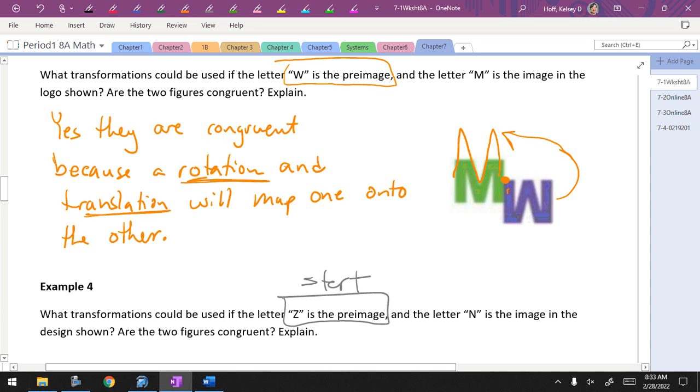Start with Z. Remember, someplace, if you say they're congruent, you're going to have to use the words reflection, rotation, or translation, or maybe a mix of them.